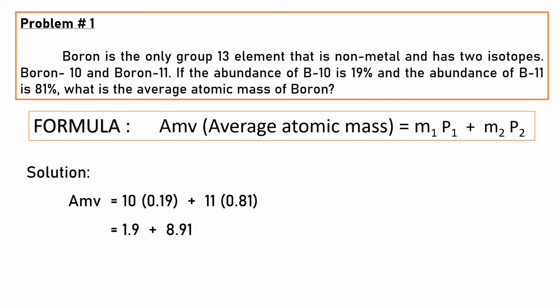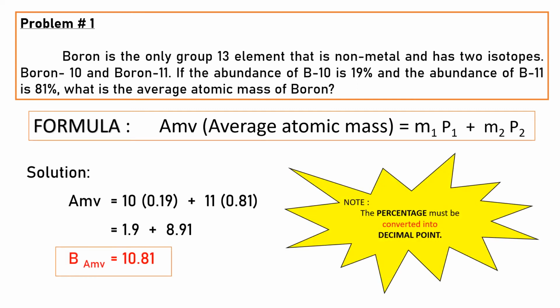So 10 multiplied by 0.19 is 1.9, plus 11 multiplied by 0.81 is 8.91. As you get the sum of the two, the average atomic mass of boron is 10.81. So take note of this, that the percentage must always be converted into decimal point.